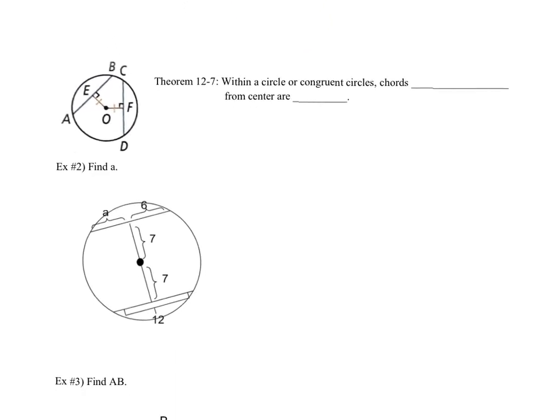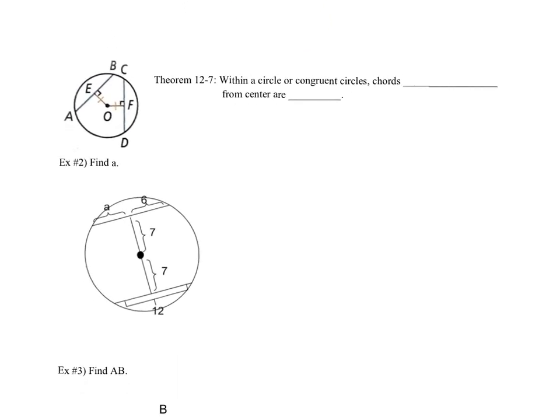Then we have theorem 12.7, and this one says within a circle or congruent circles, chords equidistant, meaning they have the same distance from the center, are congruent.